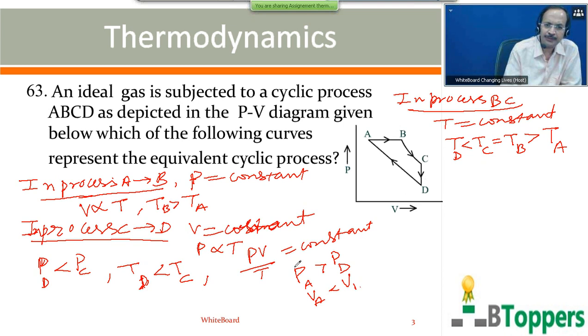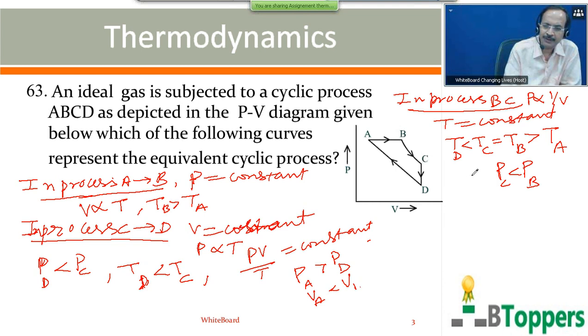In the process B to C, volume is increasing at constant temperature, so pressure must decrease, because Boyle's law is applicable for the process B to C. So volume is increasing, volume at C is more than the volume at B. So pressure at C is less than pressure at B, that you can make out even from the graph.